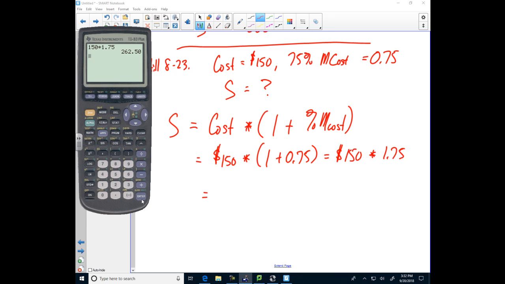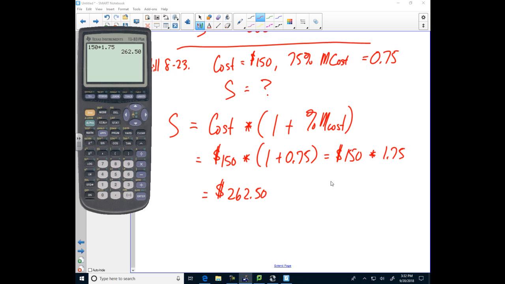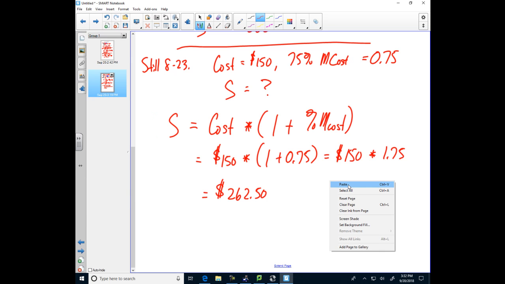What'd y'all get? Now, I think what the authors of the book wanted you to see here, is there any difference between 75% markup based on cost or 75% markup based on selling price?